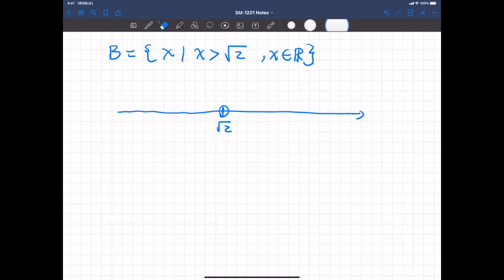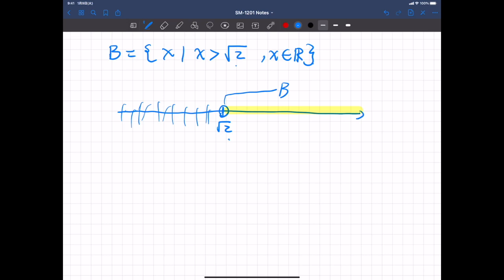So here, this is the set B. So this does not include square root of 2. Okay, and any number less than or equal to square root of 2, anything here, they are lower bounds of B, including square root of 2 itself.